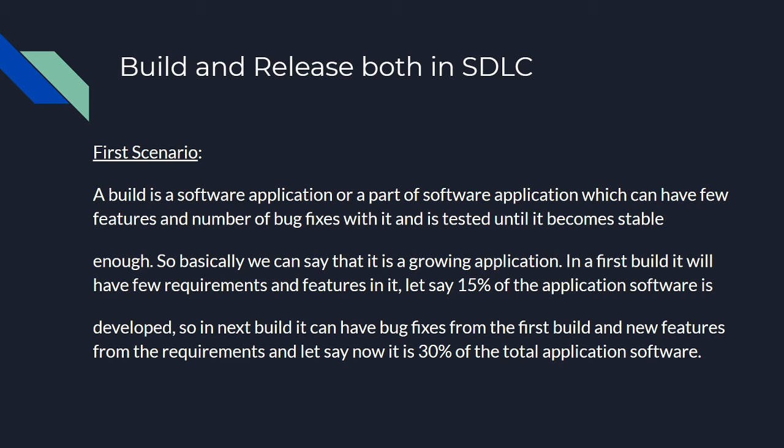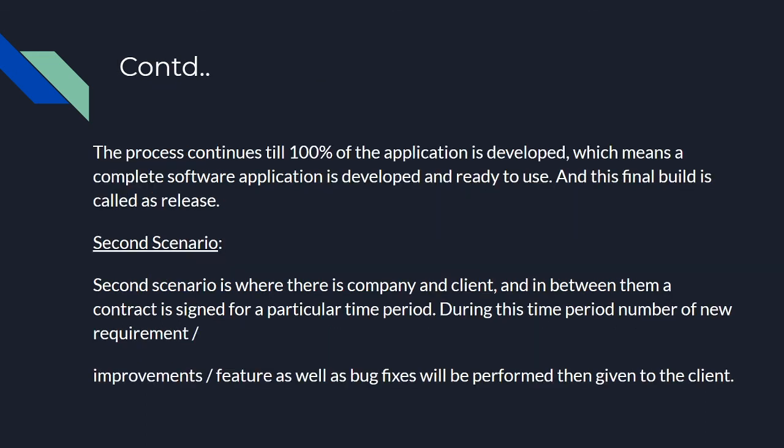So the next build can have bug fixes from the first build and new features from the requirements, and let's say now it is 30% of the total software application. This process will continue till 100% of the application is developed, which means a complete software application is developed and ready to use by the end user, and this final build is called the release.